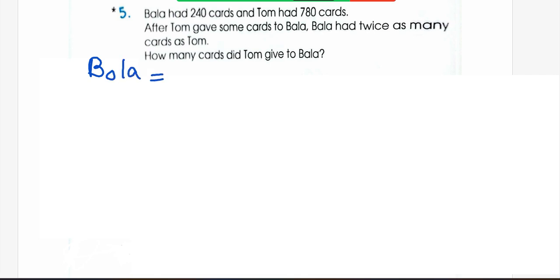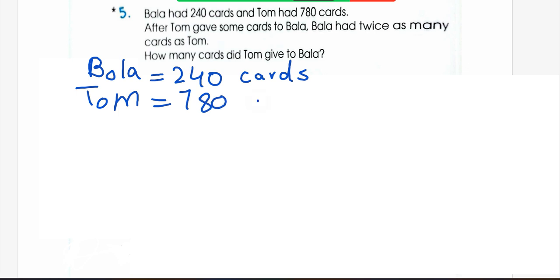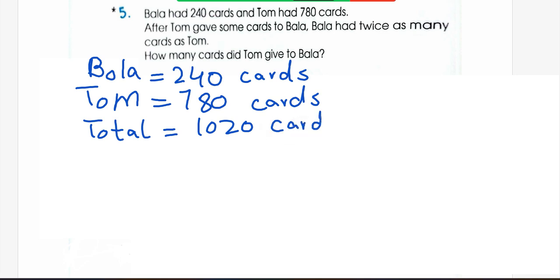Bola will have 240 cards and Tom will have 780 cards and in total they will have 1020 cards, right?